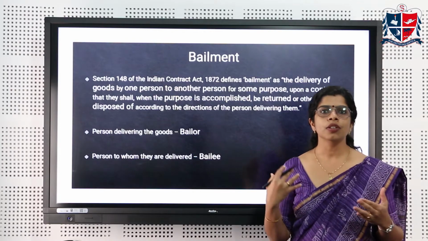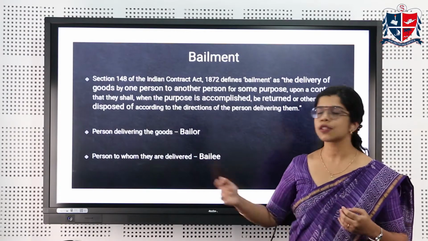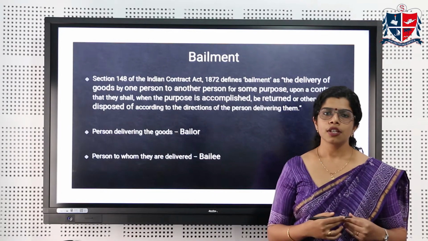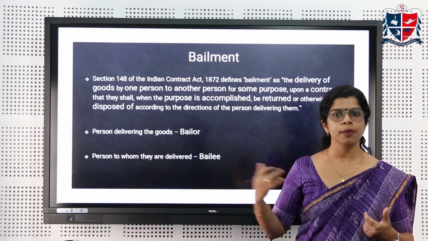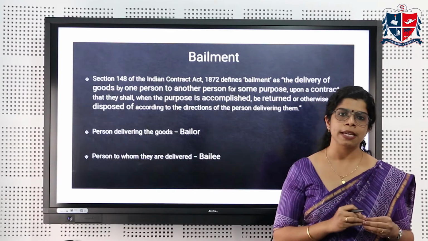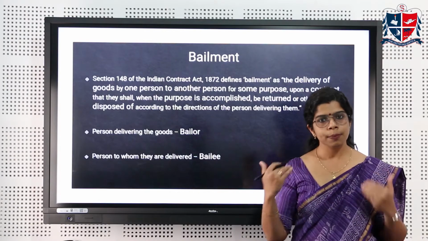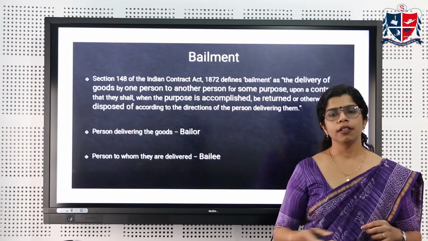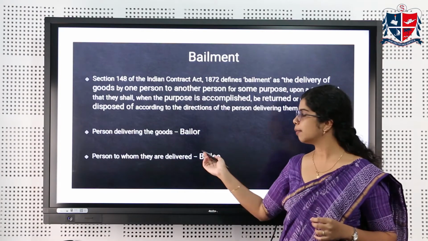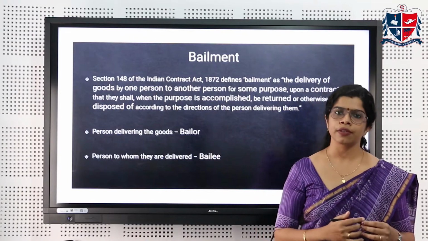The tailor would make the cloth into a shirt which fits the bailer. So the bailer is delivering the goods to the bailee for a specific purpose, and once the purpose has been accomplished, the bailee is supposed to deliver those goods back to the bailer. That is the typical example of a contract of bailment.